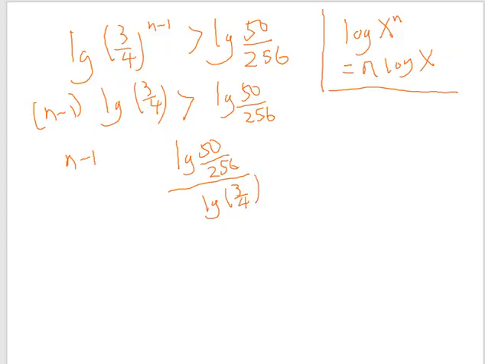Okay, and you have to be careful of the inequality sign. Remember, if you divide by a negative number, right? Okay, so before that, let me talk about this. If you consider a number x between 0 and 1, then you find the log x is actually less than 0. It's actually negative.